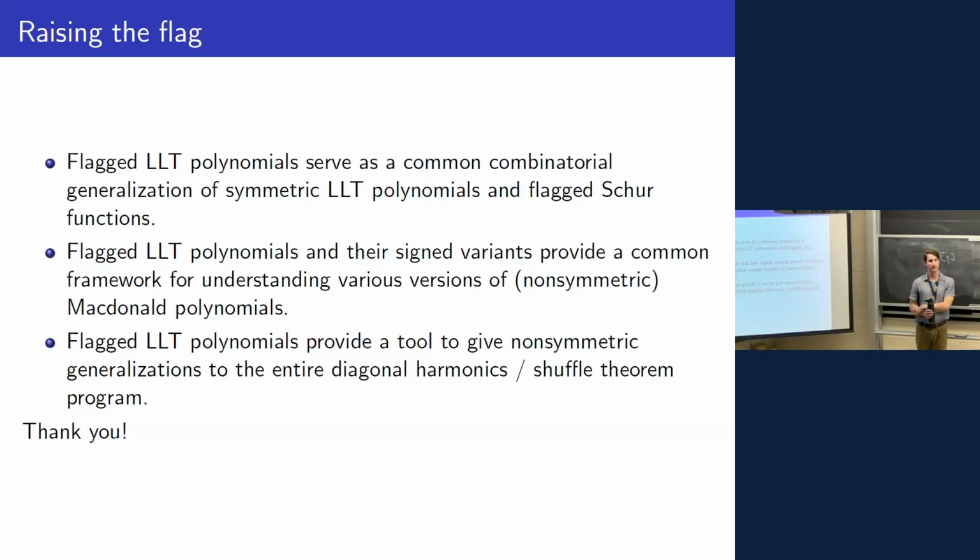Is the plethysm from the signed flagged LLT polynomials just setting all the x-bar variables to 0? No. Then you don't get those fillings, you get the usual fillings? Combinatorially, yes, but it's kind of surprising because this is a linear map, right?